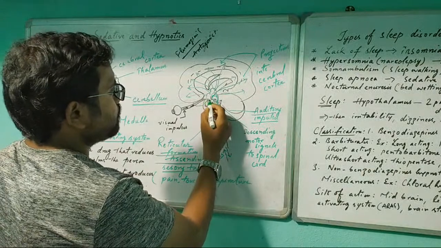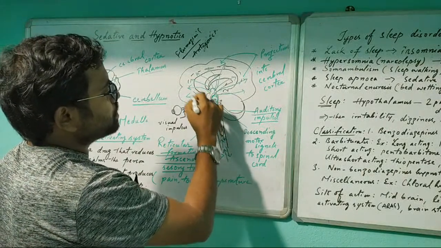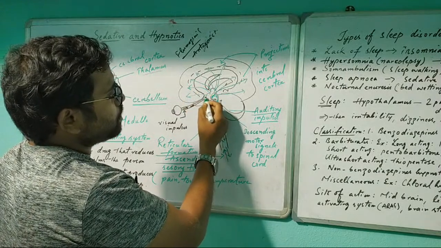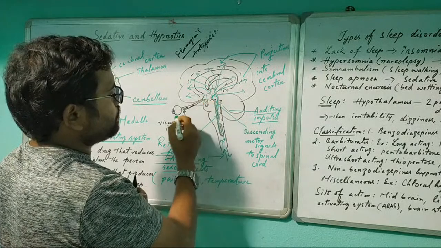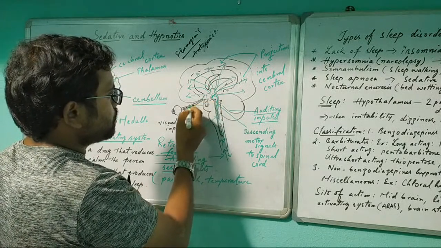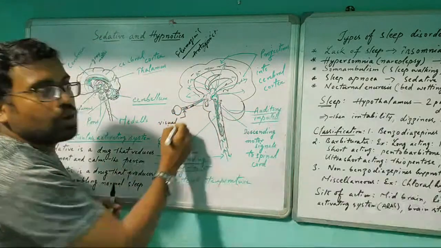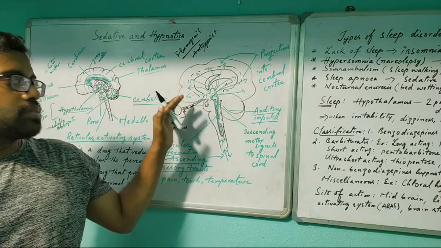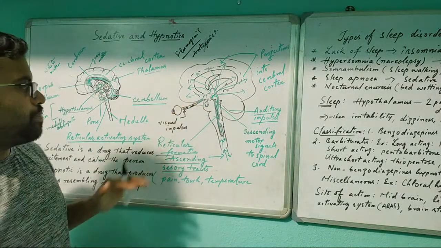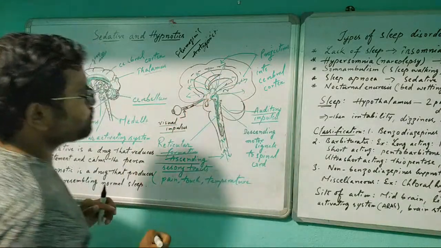Below the cerebrum and in front of the hypothalamus, the nerves come out for the ophthalmic and olfactory nerves, which are responsible for seeing. So visual impulses go this side.